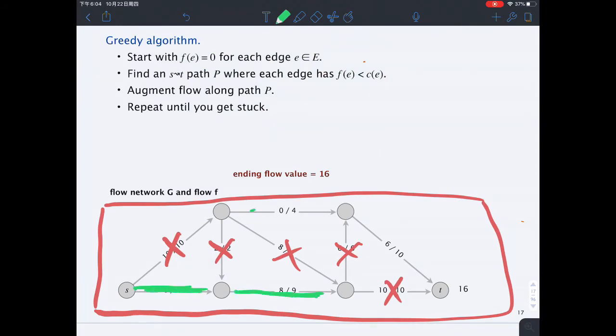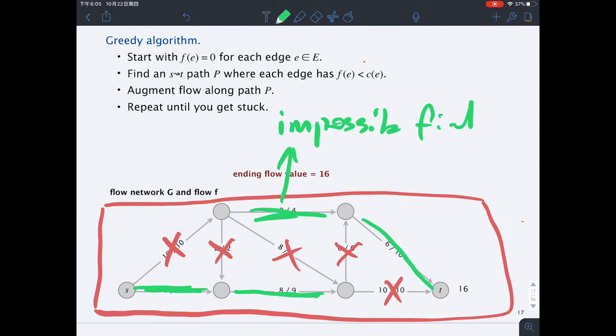If I delete all the saturated edges, then all of a sudden I realize that if I look at all the remaining edges, those highlighted by green, it's actually impossible to find new paths. And now eventually we get the network flow of 16. If you look at all the numbers and sum up all of them, it's a network flow of 16.